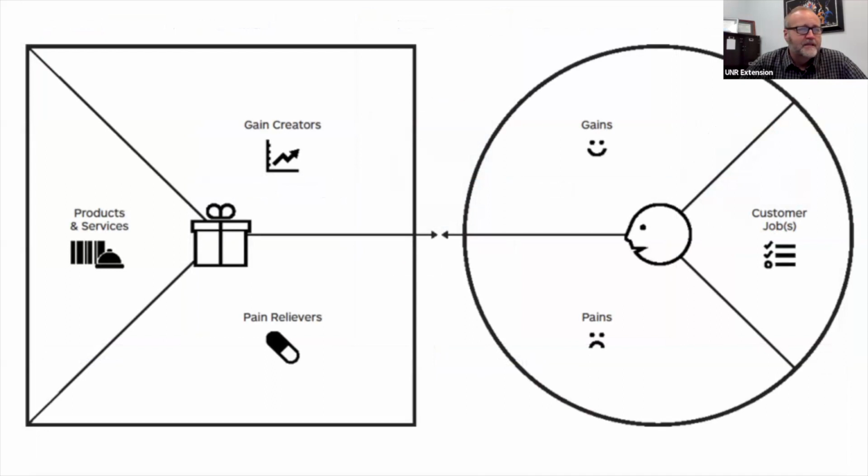And if you look at this, this is our value proposition canvas. We have certain products and services we provide, and hopefully those synergistically take care of the jobs that the customer needs to fulfill. We have certain pain relievers that can relieve the pains of the customer, and we have certain gain creators that can enhance the gains that they're looking for.